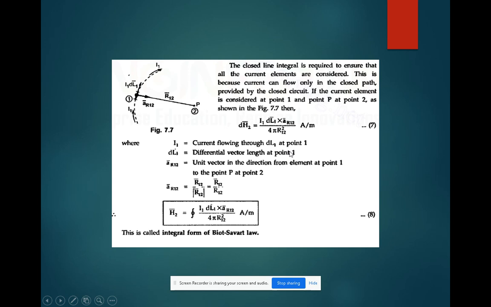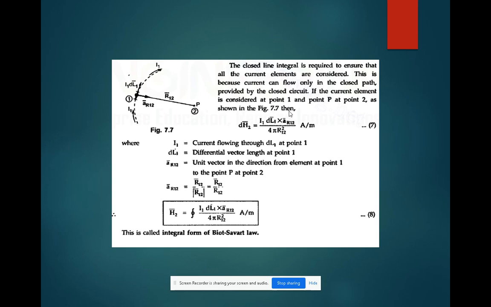Now consider the closed line integral, which is required to ensure that all the current elements are considered. Here, current can flow only in a closed path, which is provided by the closed circuit.